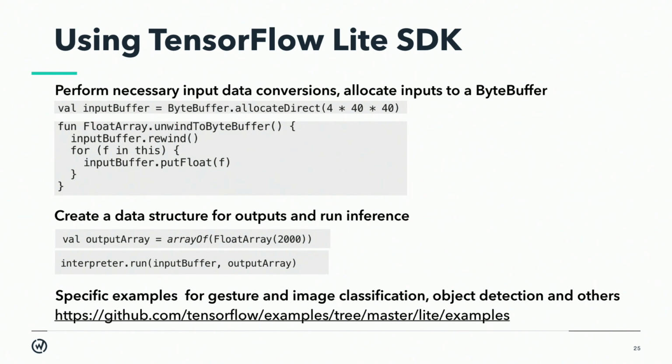Create data structures for outputs, and then finally, interpreter.run is going to run the inference with your machine learning model. I would recommend checking out more specific examples for gesture and image classification and object detection. Those examples were created specifically by TensorFlow, and you can check them out and compare how the interpreter is being set up and how the input data is being converted for all those different cases.